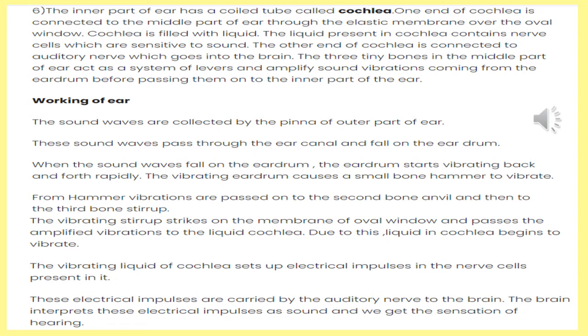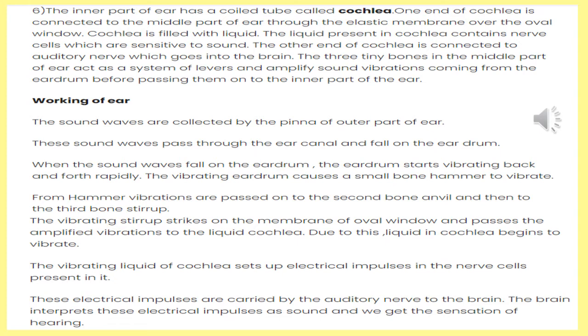The vibration of the stirrup strikes the membrane of the oval window and passes the amplified vibration to the liquid in the cochlea. So basically, the function of the three bones, hammer, anvil and stirrup, in the middle ear is to amplify the vibrations. So these are amplifiers. Due to this, the liquid in the cochlea begins to vibrate.